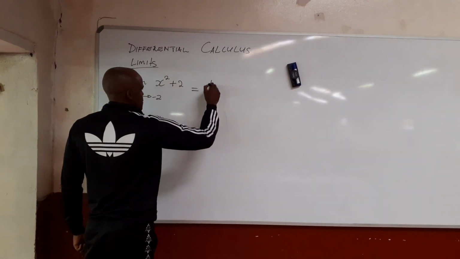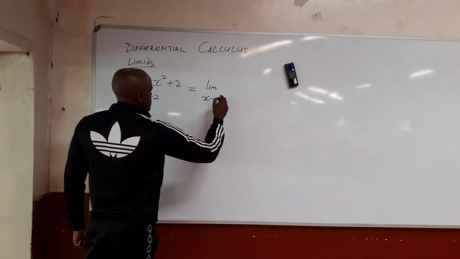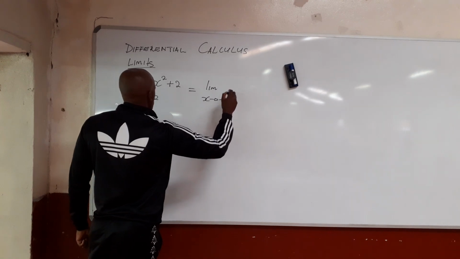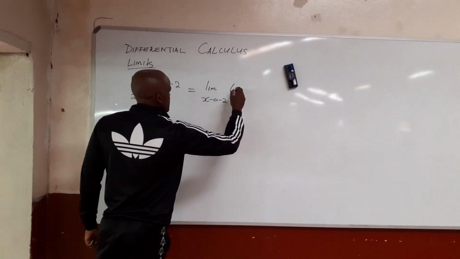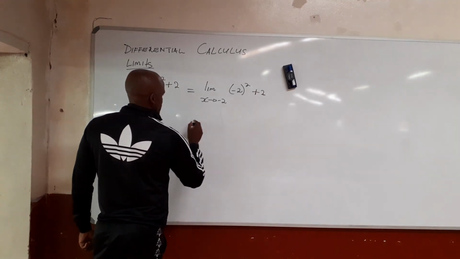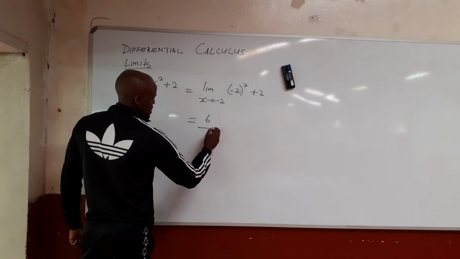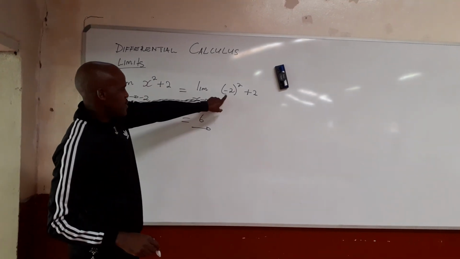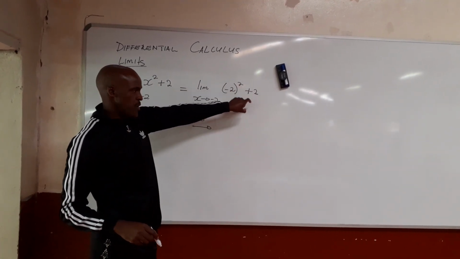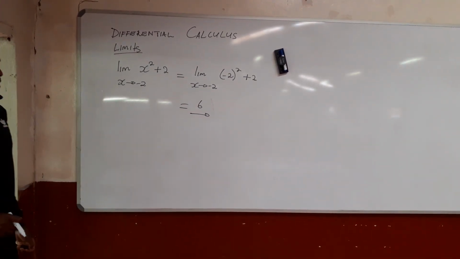So this will be negative 2 all squared plus 2. Negative 2 squared is 4, plus 2. That will give us 6.